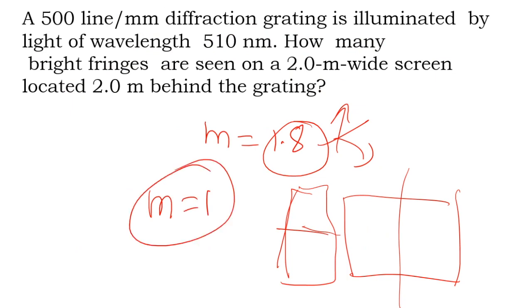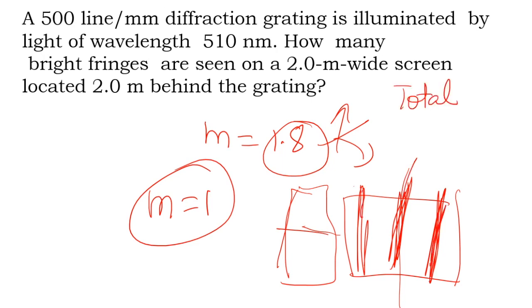How many bright fringes? There'll be the center fringe, and the m is equal to 1 fringe on both sides. So the total fringes possible on this screen will be 3.